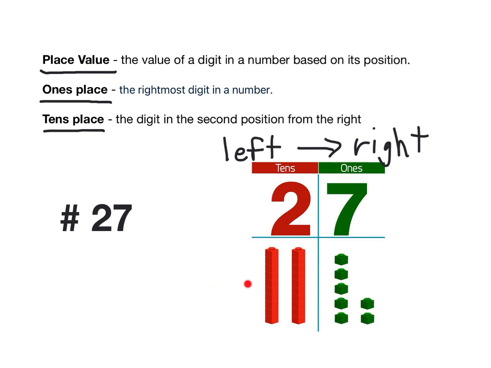This is because there are 2 units of 10 in the number 27. And there are 7 single units.